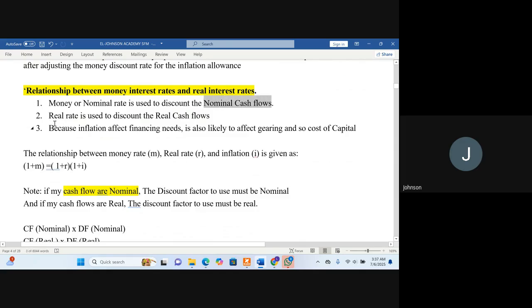But if you have a real cost of capital, you should use that real cost of capital to discount real cash flows. Then, because inflation affects financing needs, it is also likely to affect gearing and cost of capital.